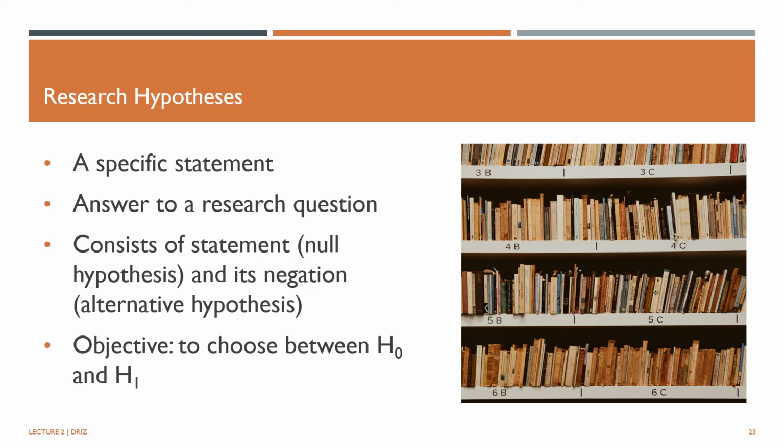The hypothesis that predicts an outcome is called the null hypothesis, and the hypothesis that describes the remaining possible outcomes is called the alternative hypothesis. Note that for the above to happen, the null and alternative hypotheses must have mutually exclusive outcomes and exhaust the entire range of outcomes. The objective of the research is to choose between them.